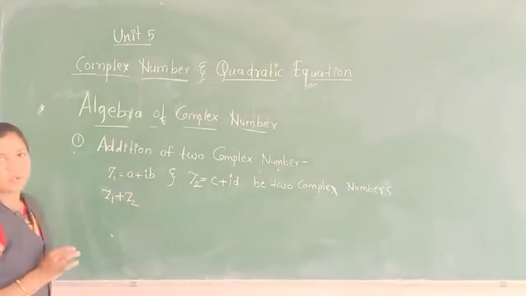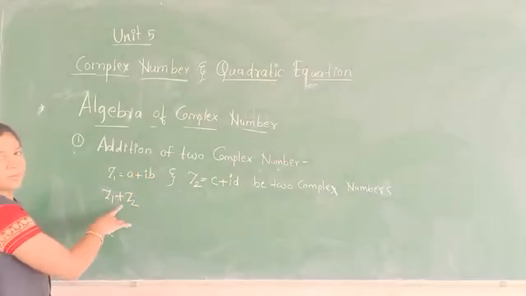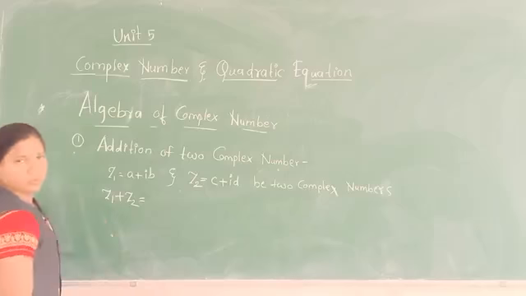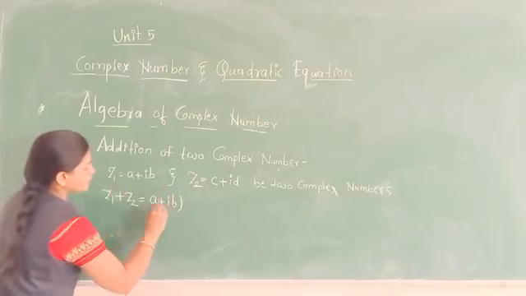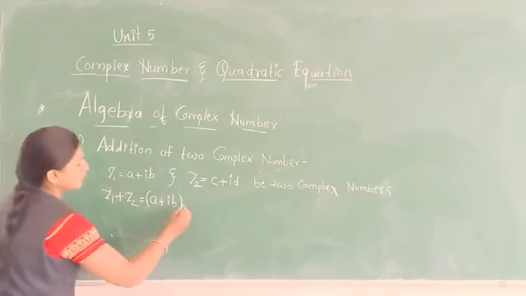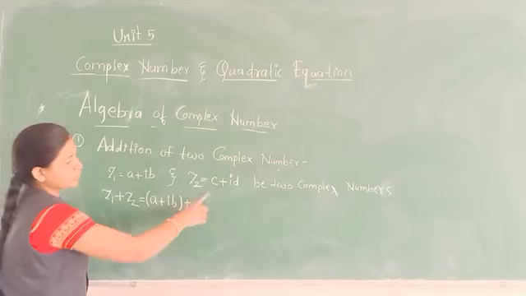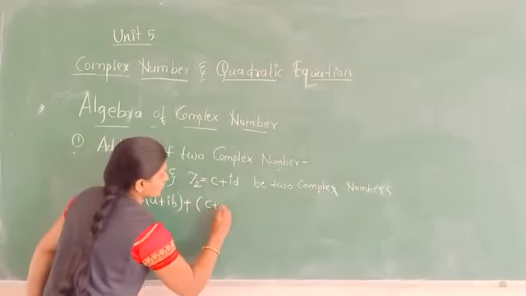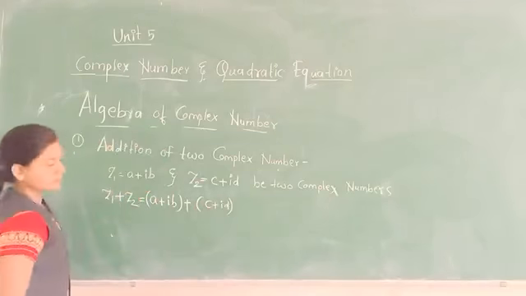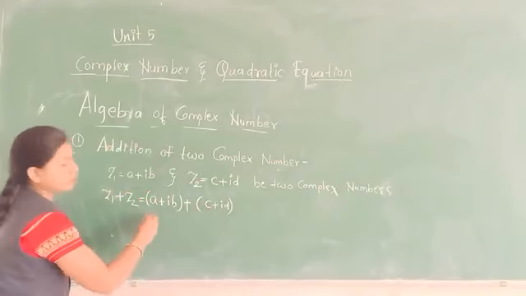We have to add the two complex numbers. That is z1 plus z2 is equal to a plus ib plus c plus id.